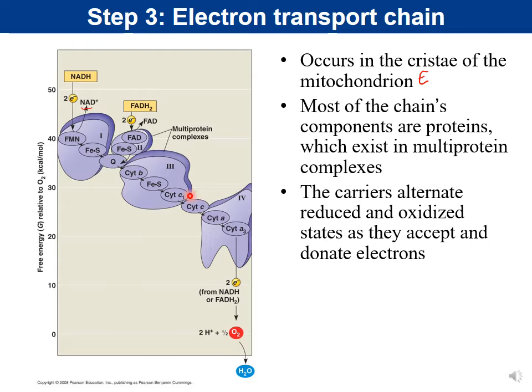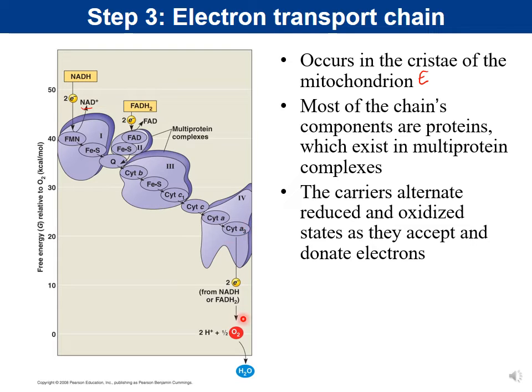That can't pass it to this one. So what you end up with is this backlog of electrons that can't move down the chain because they have nowhere to go. There's an electron stuck here. So you can imagine this being like a pipe, and there's a clog in the pipe. There's something blocking that, let's say, hairball from moving through the pipe, because if it's blocked, nothing else is going to pass. There's nothing to get it out of the way.